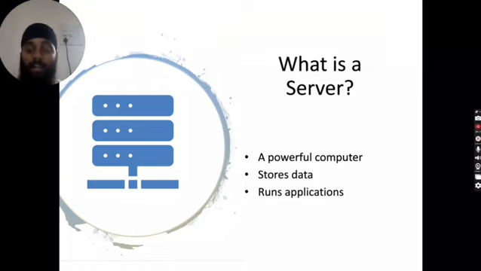There are types of servers: general purpose servers, compute optimized servers and memory optimized servers. General purpose servers are used to perform general types of operations, as they have balanced CPU and RAM, that is random access memory.